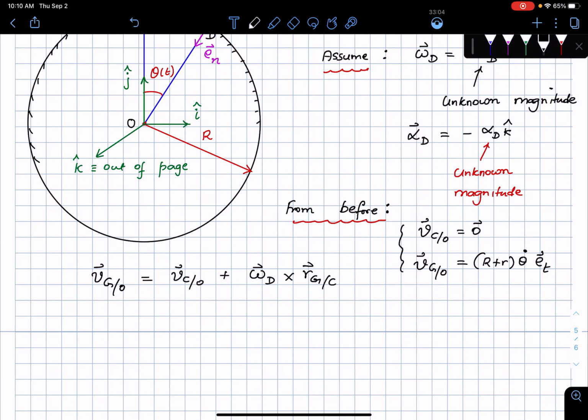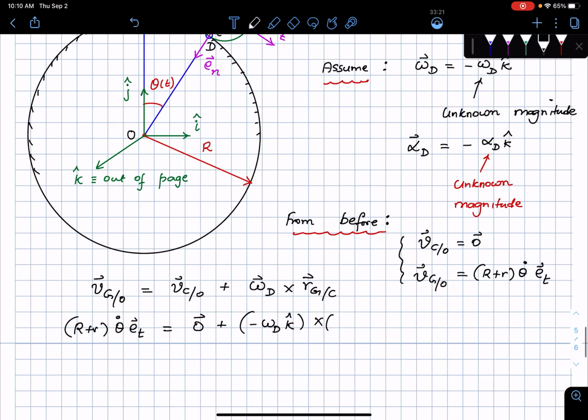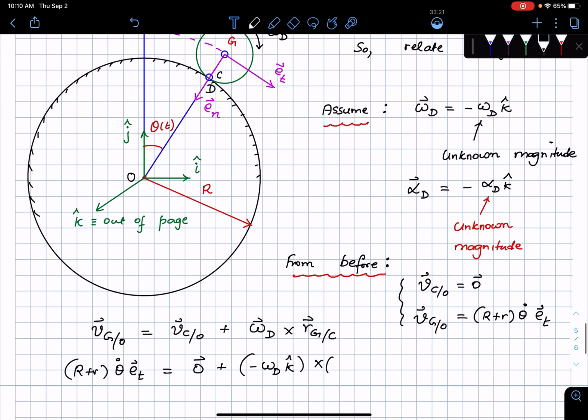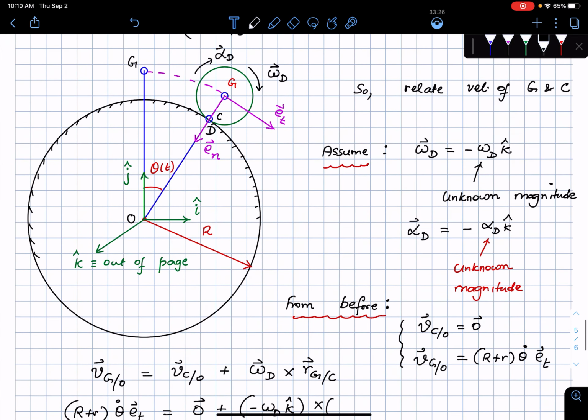So this tells me that R plus R times theta dot in the e_theta direction is going to be the 0 vector plus minus omega disk k hat cross product with R G slash C. What is R G slash C? I'm sitting at the point C looking at the point G. So this is the vector R G slash C. If I'm drawing it this way, I'm going to call that R G slash C.